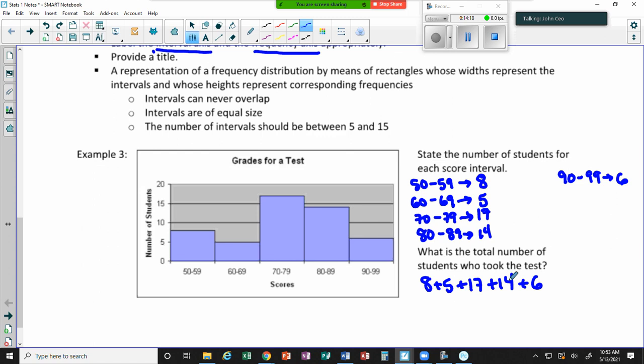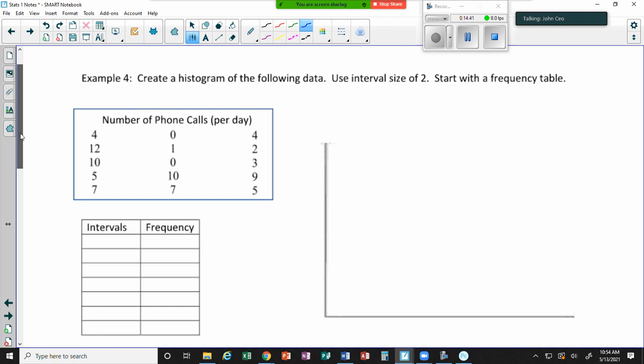And 14 and 6 is 20. 30 and 20 is 50. Okay. Now we're going to make our own histogram.